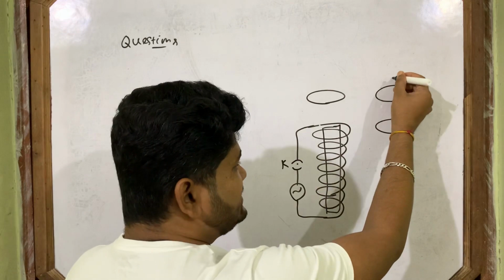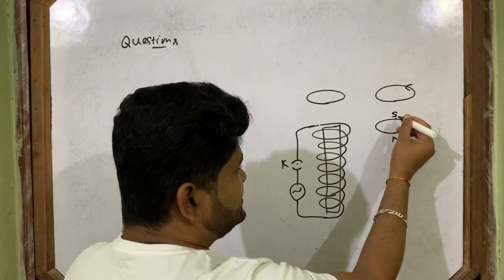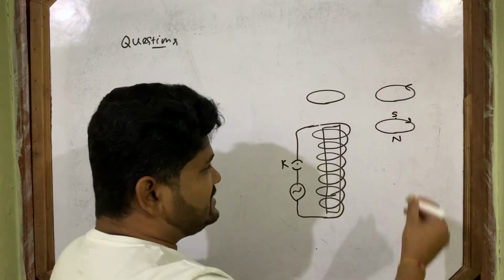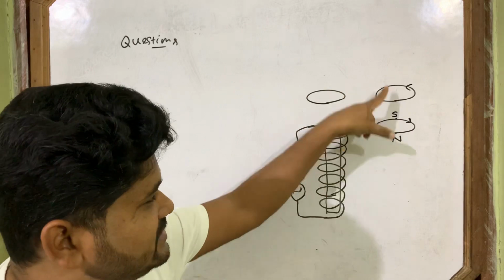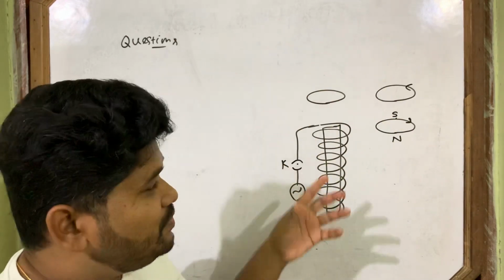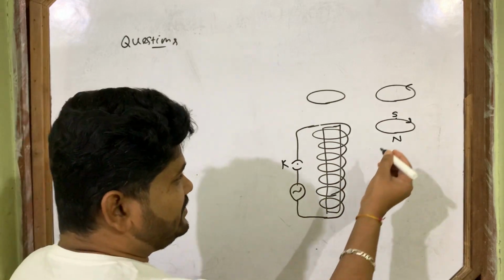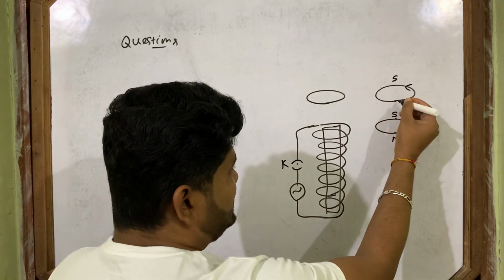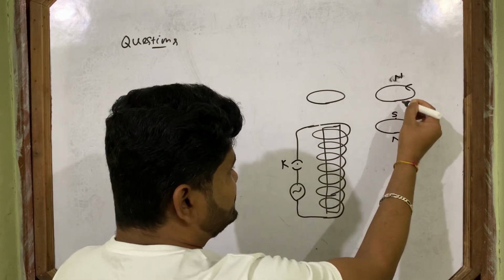So the upper part is now here, in the opposite, so this is north pole, this is the south pole. As the sense of current is opposite, the current passes in such a direction that opposite poles develop there.